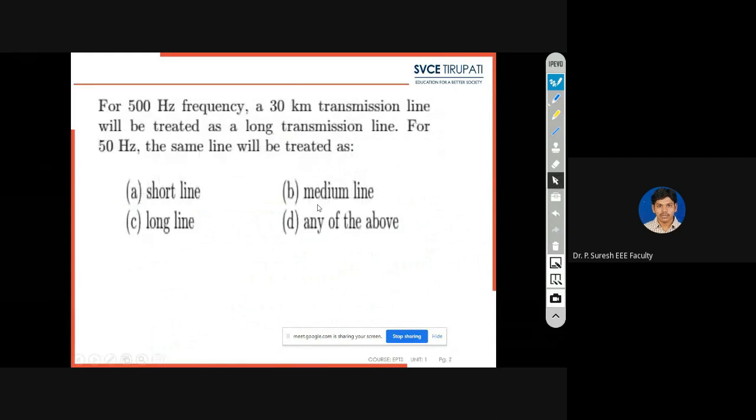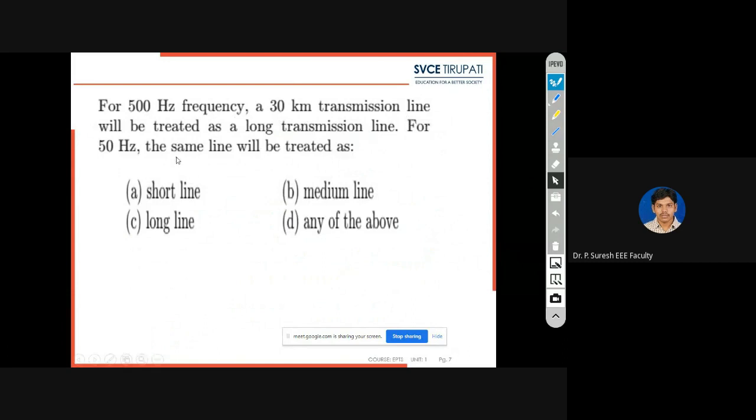So now tell me, for a 500 Hz frequency, a 30-kilometer transmission line will be treated as a long transmission line. For 50 Hz, the same line will be treated as what? This is a tricky question. They gave 500 Hz frequency and 30-kilometer length, treated as long.